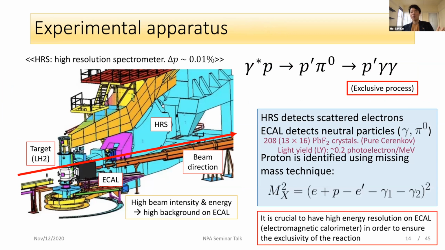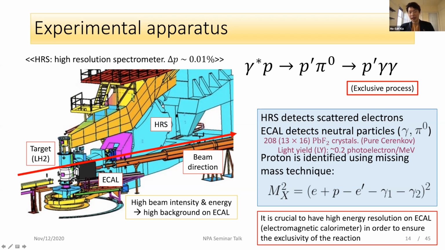And this is the experimental apparatus of the Hall A experiment. Hall A has 2 giant dipole magnet spectrometers, but we used one of the dipole magnets. When the electron beam hits the target, which is liquid hydrogen, the scattered electron gets detected by this high resolution spectrometer.